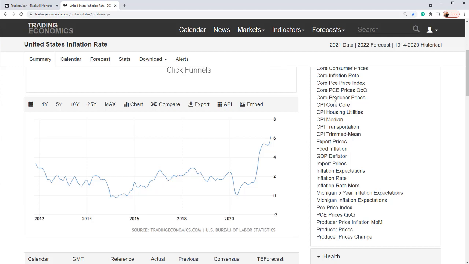Instead of the normal QE printing, where it goes into the system and then trickles down to the individual, they got the old printing machine.